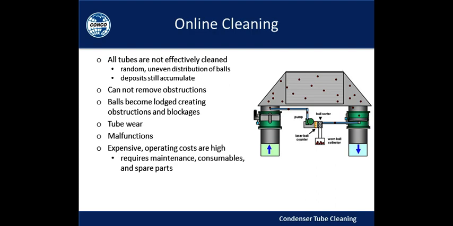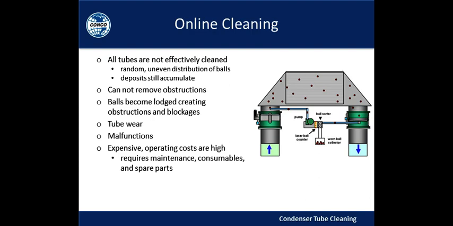Now, online cleaning systems are used to effectively maintain cleanliness in the condenser while the plant is operating. So it's important to know that the system isn't particularly designed to clean up the tubes. It's designed to maintain the cleanliness of the tubes.